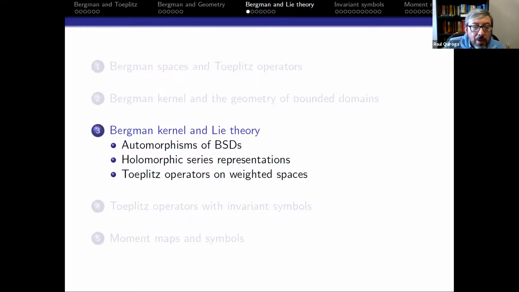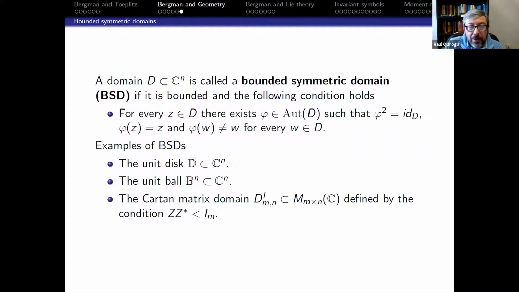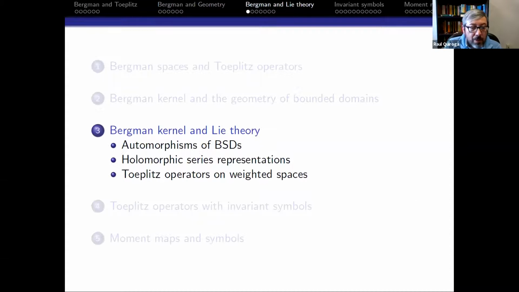Okay, so in the rest of the talk, more or less, I'm going to restrict to bounded symmetric domains. There are many bounded symmetric domains. I will mention some other domains somehow. Now, relate also the Bergman kernel to Lie theory. The automorphisms of bounded symmetric domains, I'm going to explain something about this.